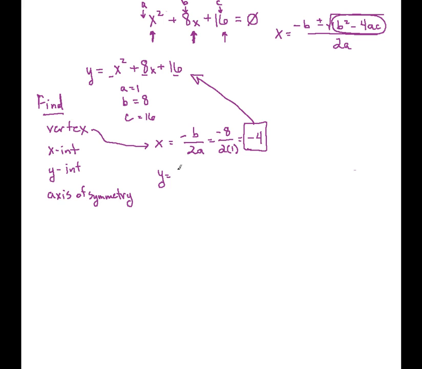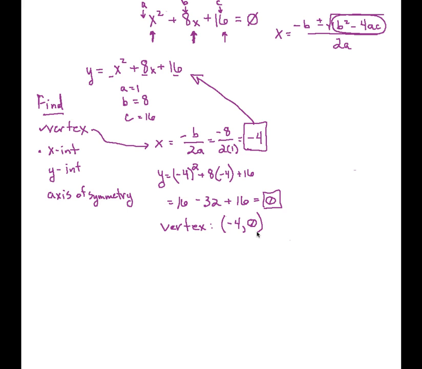So let's do it. y equals negative 4 squared plus 8 times negative 4 plus 16, which is 16 minus 32 plus 16, and that equals 0. So the vertex of our parabola is located at x equals negative 4, y equals 0.